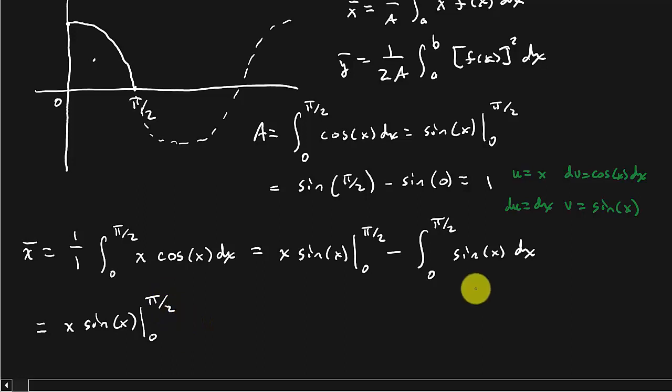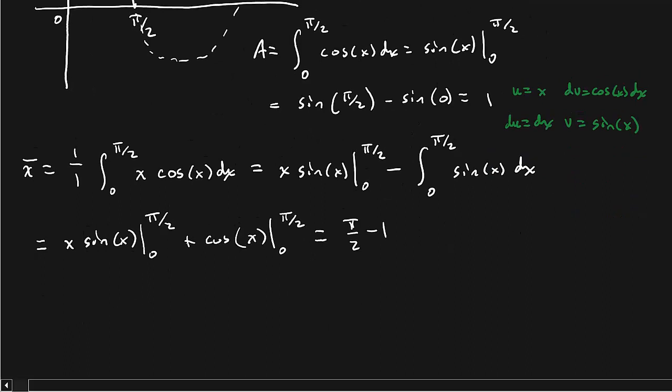Now we need to integrate this thing. The antiderivative of sine is negative cosine, so that's going to be plus cosine x, 0 to pi over 2. I'm not going to go through plugging all that in. You should be able to do that by now. This is actually equal to pi over 2 minus 1, if we don't plug anything into our calculator. All right, so there's x bar.